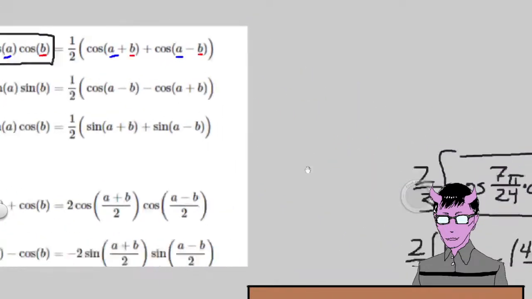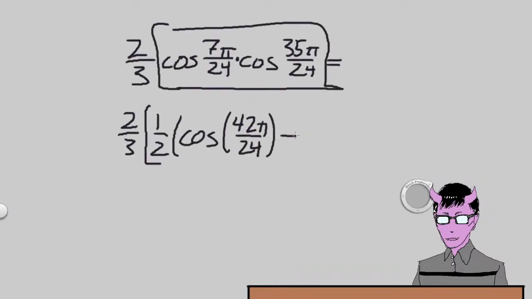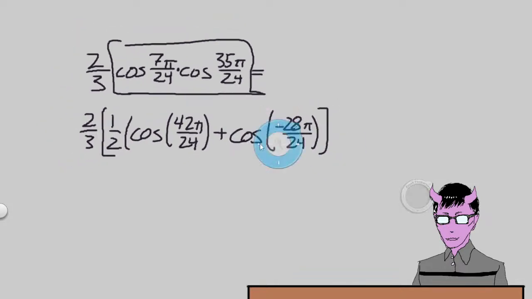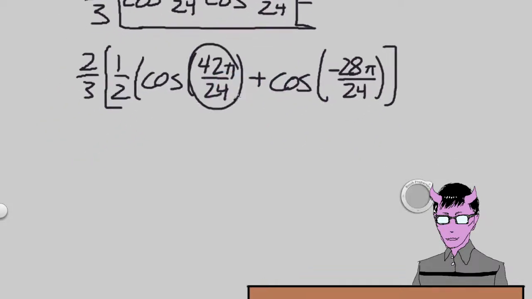Plus cosine. And then we'll do the a minus the b. So 7 minus 35 is going to be negative 28. Close the brackets. Alright. So those numbers aren't super nice.